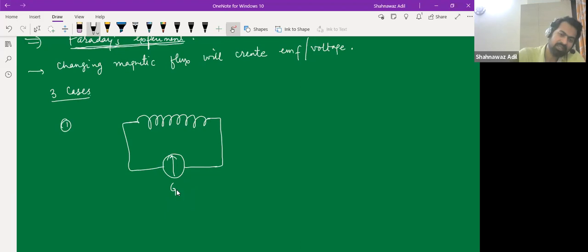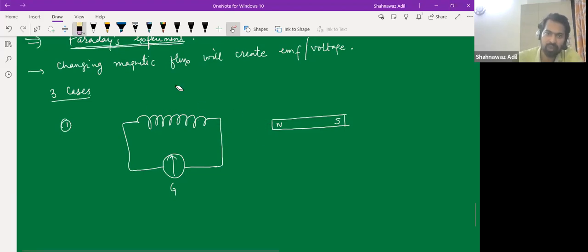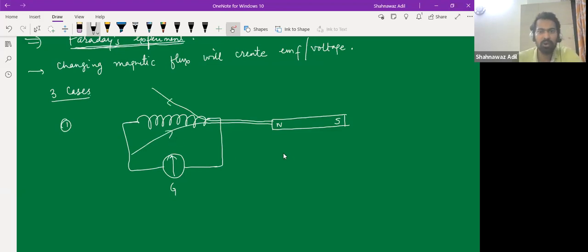So now what Faraday did, or what Henry did, was that he placed some magnet, right? Let's say this is north and this is south. So let's say this magnet was here. Some magnetic field lines are crossing through this coil.